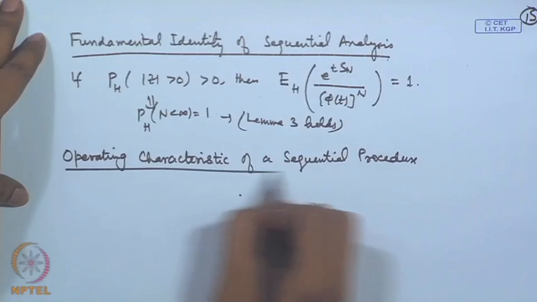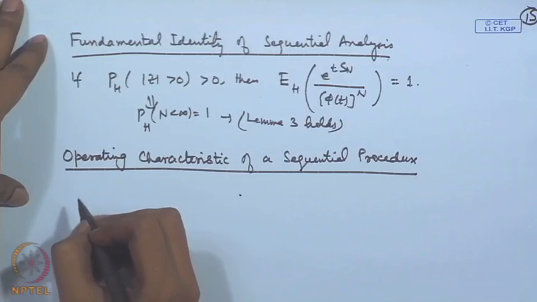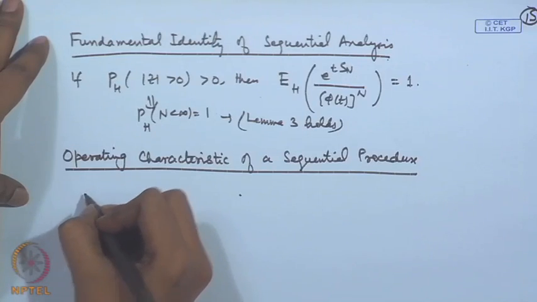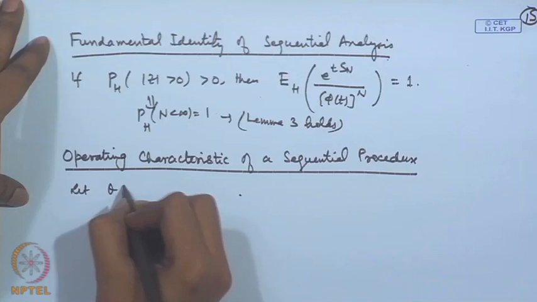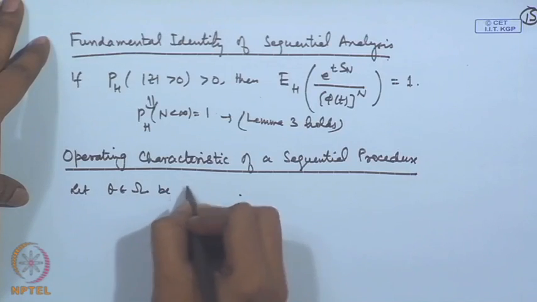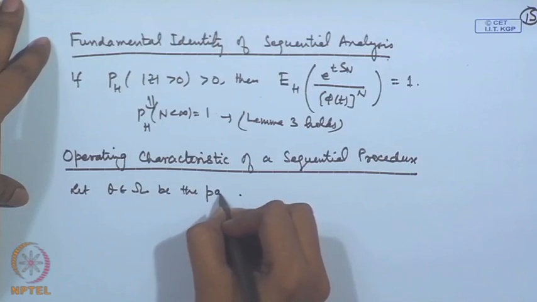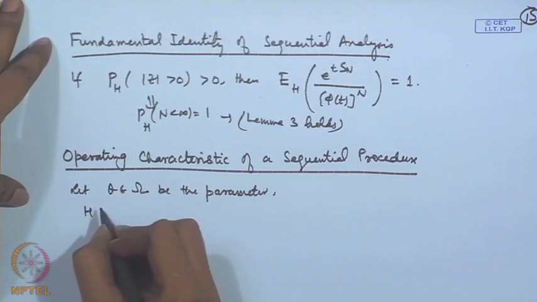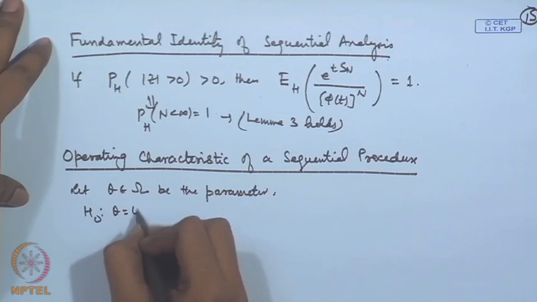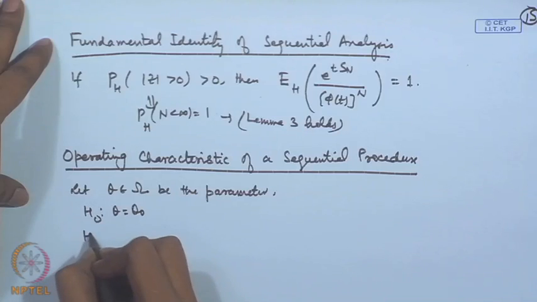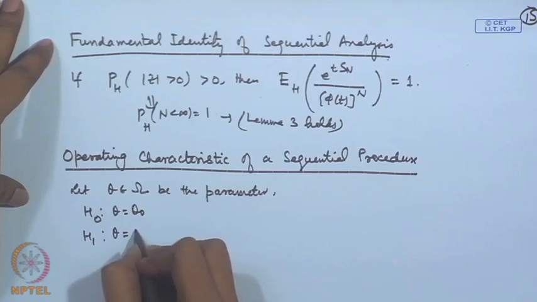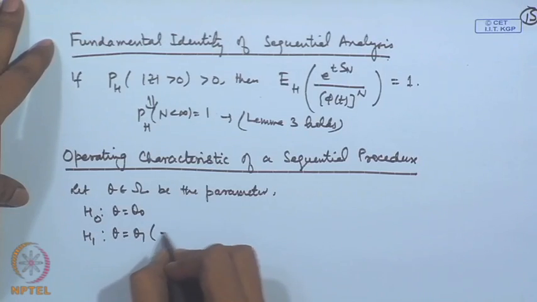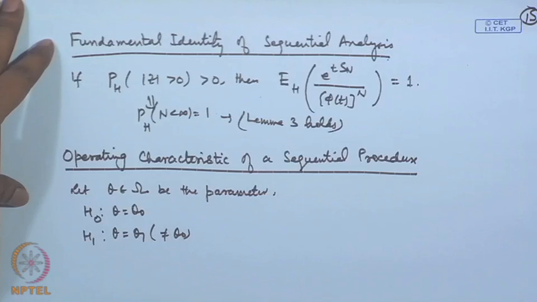Let theta belonging to omega be the parameter, and we have H naught: theta is equal to theta naught and H 1: theta is equal to say theta 1, which is of course not equal to theta naught.